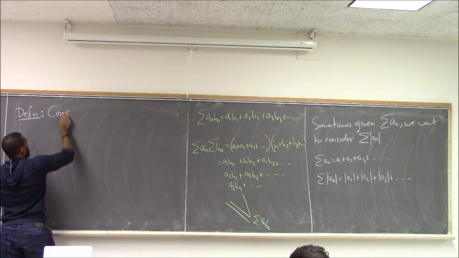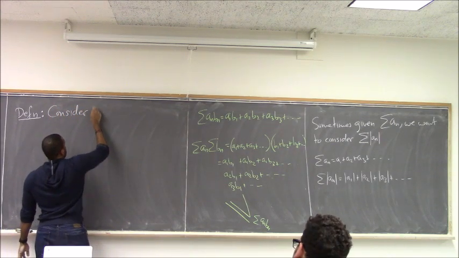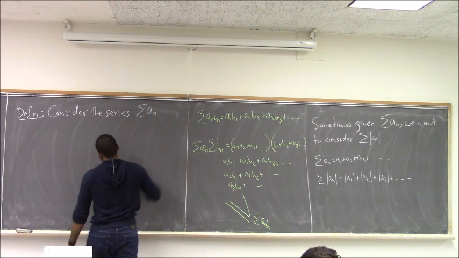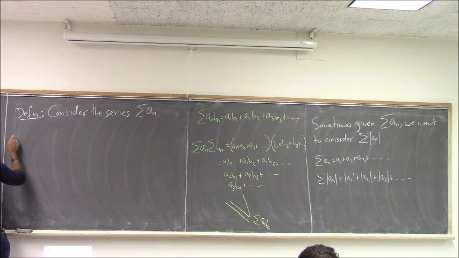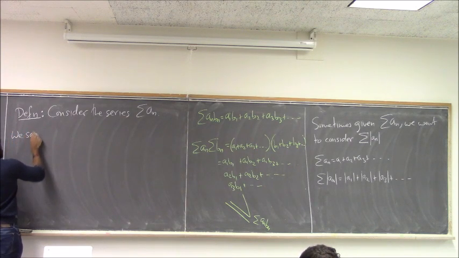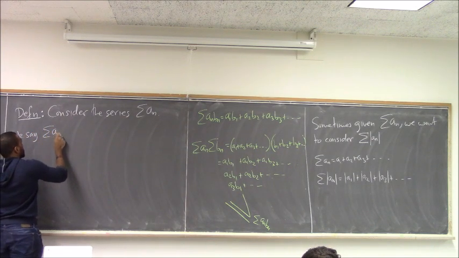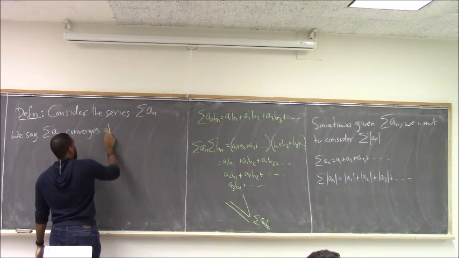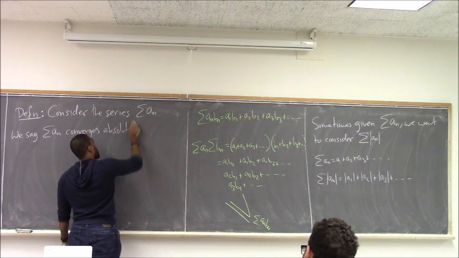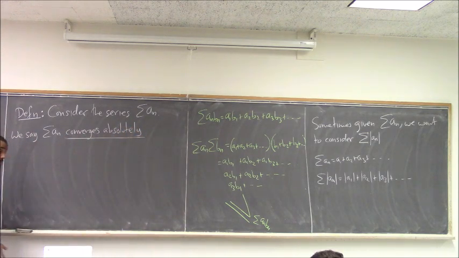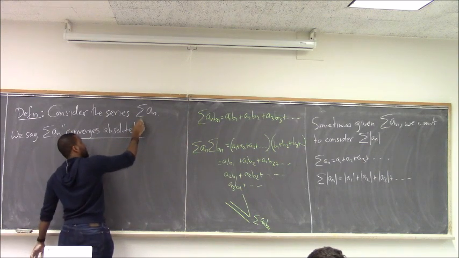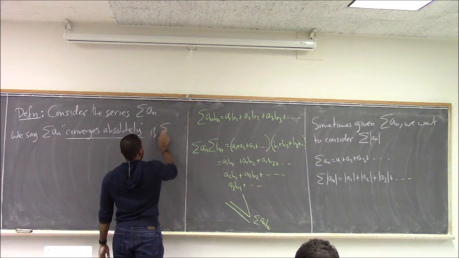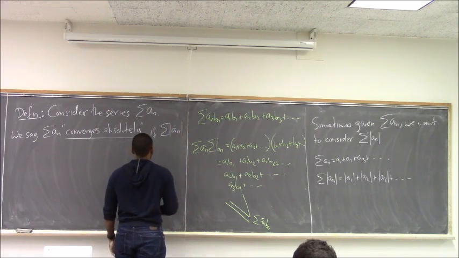Consider the series an. We say the series converges absolutely. So that's a phrase that you're going to want to know. The series converges absolutely if the series with absolute values converges.